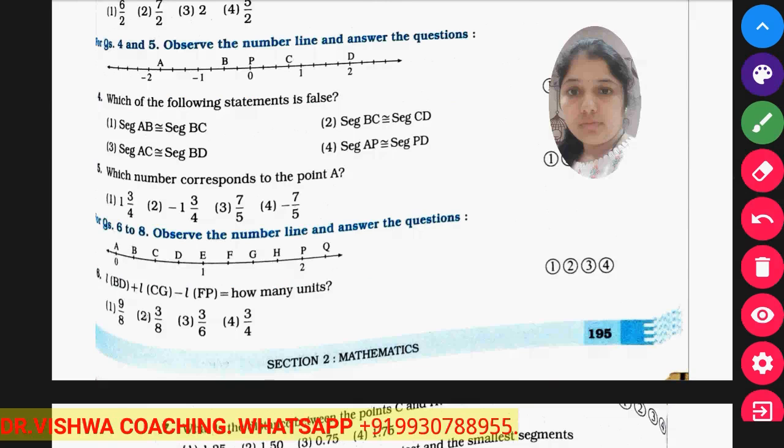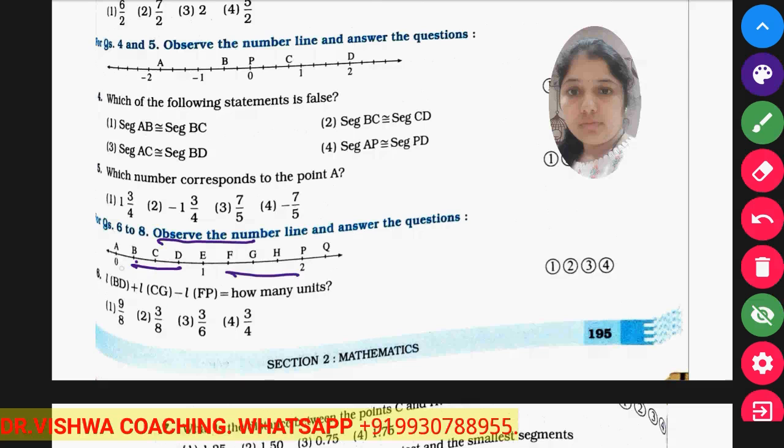Now again, length of BD plus length of CG minus length of FP, how many units they have asked. So length of BD, then length of CG, and length of FP.